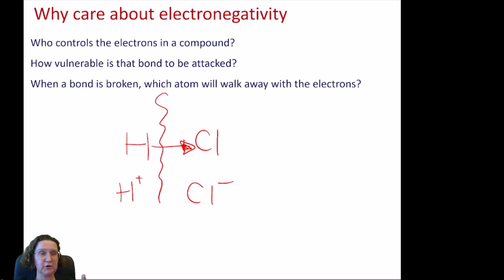So that's why we care about electronegativity. It tells us at any given time, if you look at a molecule, where is the maximum concentration of electronic charge? Where are most of those electrons in that compound? Who controls them? And when the bonds break, who is going to walk away with electrons?